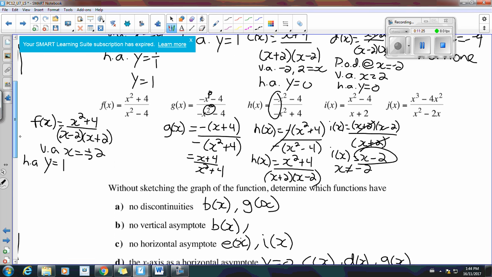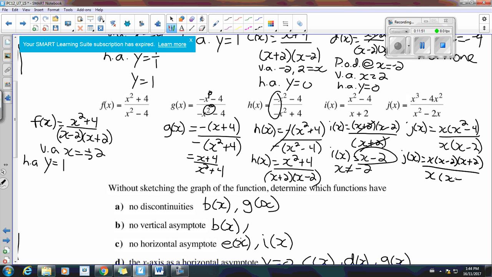Okay, last one, J. Here we can factor out an x first. And we can also factor the difference of squares. Well, now we can cancel two things out.